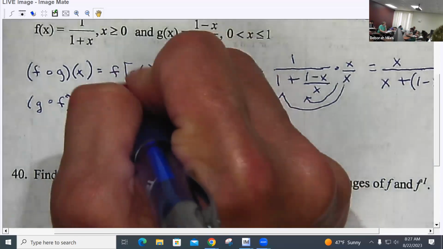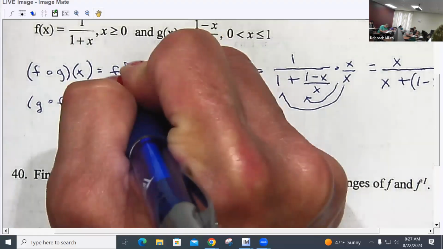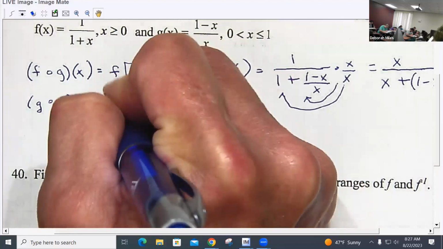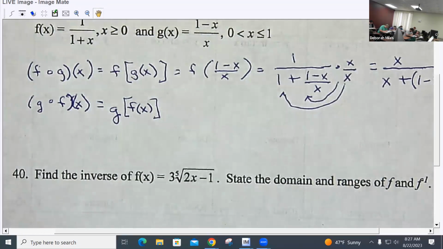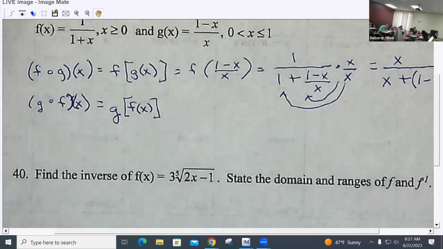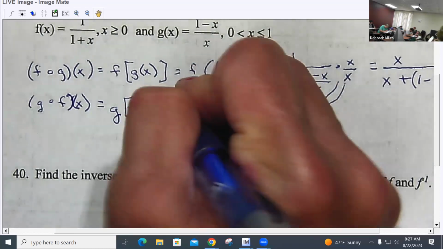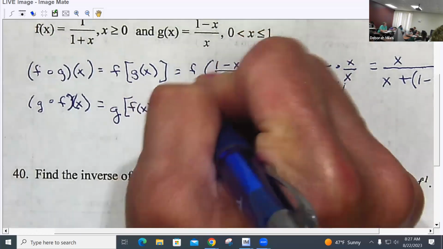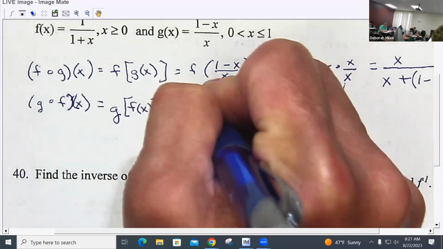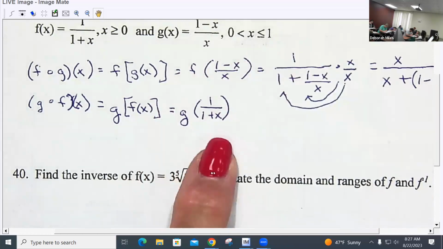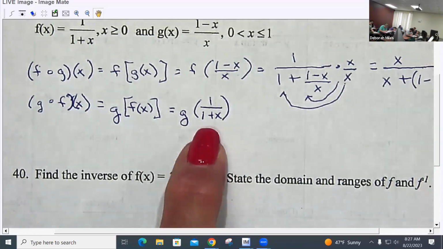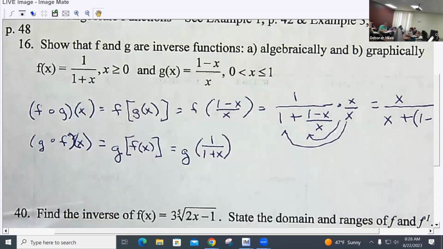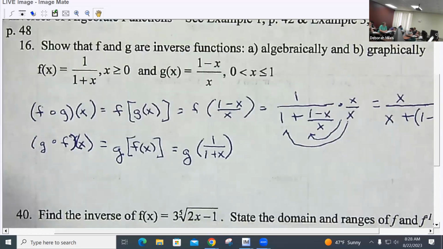That means take f of x and put it into g. And that means take whatever f of x is, in this case, 1 over 1 plus x, and put it in place of both of those x's in function g.